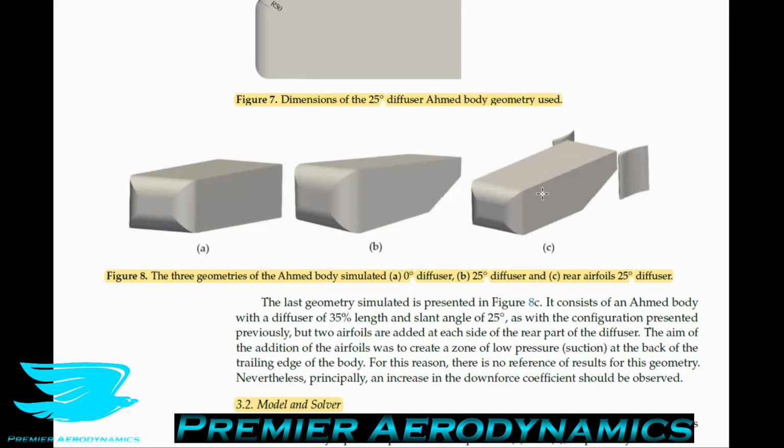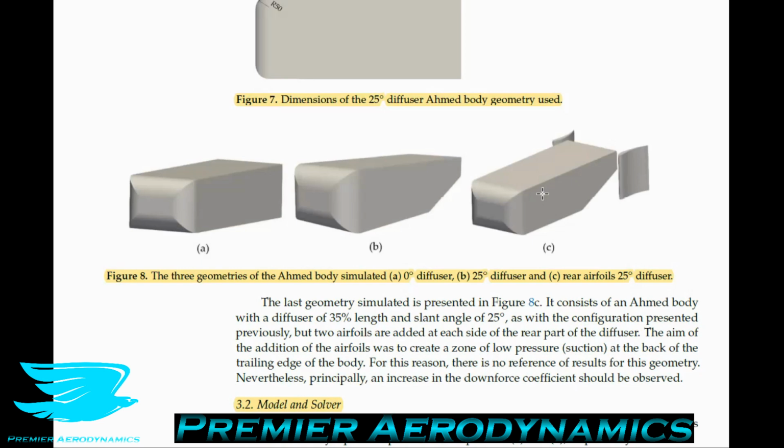And the thinking behind this was that the idea of the diffuser is that we want to reduce the pressure of the flow going underneath the body to generate downforce, but then the diffuser will now make the flow go back to the free stream pressure. The problem with that is that often in the diffuser area, there is some flow separation.